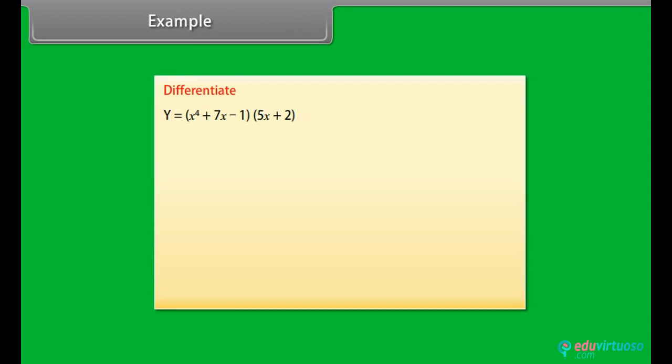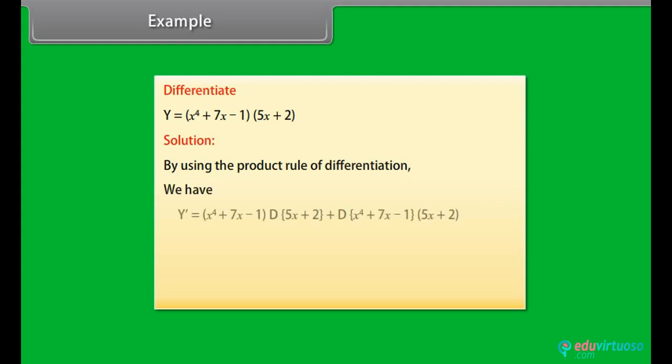Differentiate y is equal to (x^4 + 7x - 1)(5x + 2). Solution. By using the product rule of differentiation, we have y' is equal to (x^4 + 7x - 1) into the differentiation of (5x + 2) plus the differentiation of (x^4 + 7x - 1) into (5x + 2).